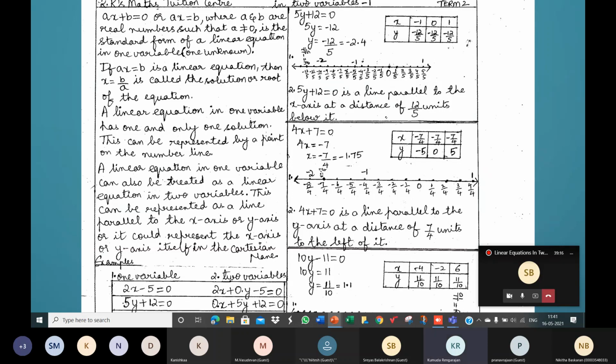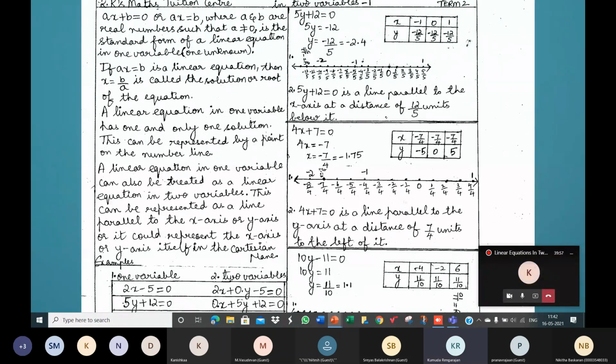When 2y plus 6 is equal to 0, ma'am. Yeah, when you equate it to 0, when you write 2y plus 6 is equal to 0, then it is a linear equation in one variable y.